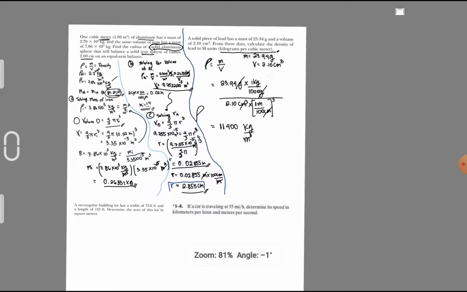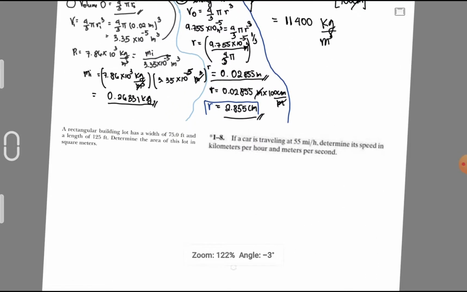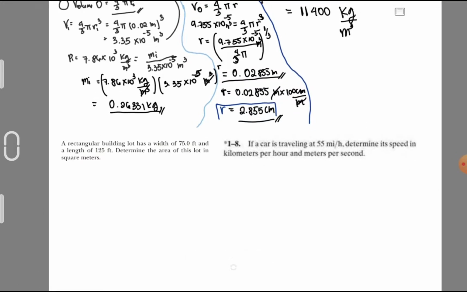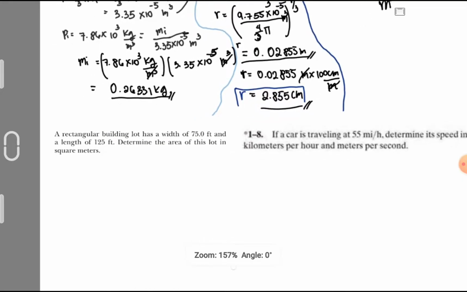Next, a rectangular building lot has a width of 75.0 feet and a length of 125 feet. Determine the area of this lot in square meters. We all know that an area is equal to length times width.